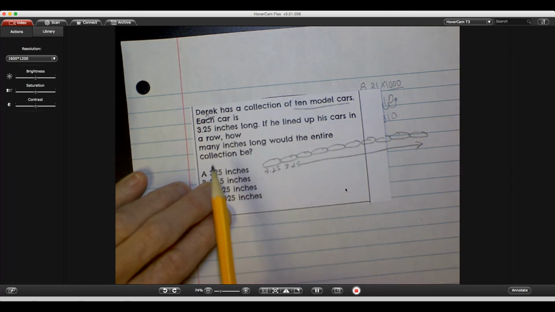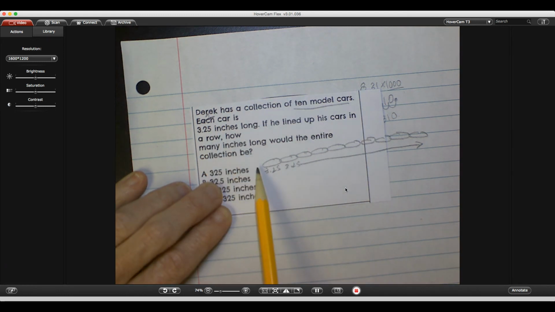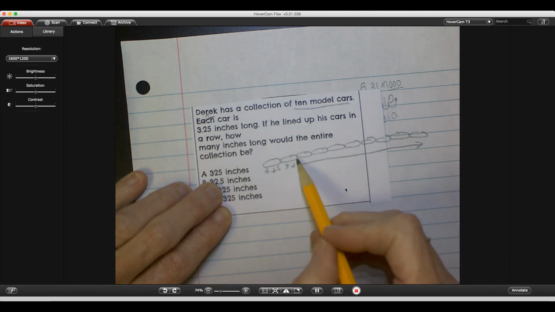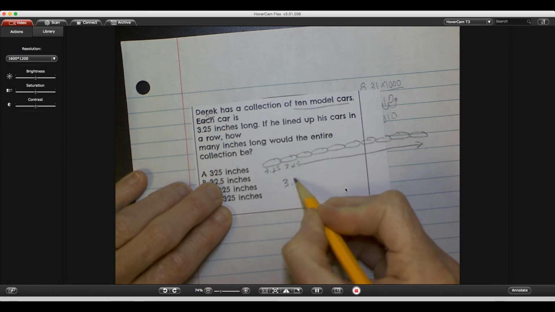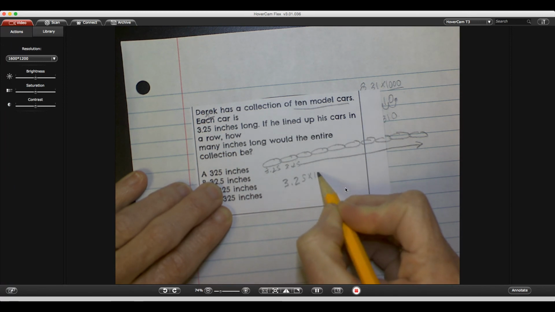But if I'm trying to find how long the entire collection is, then I know that I would add all of this up, 3 and 25/100ths plus 3 and 25/100ths over and over and over again, which is repeated addition, and that's the same as multiplication. Because I have it 10 times, I could say 3 and 25/100ths times 10.